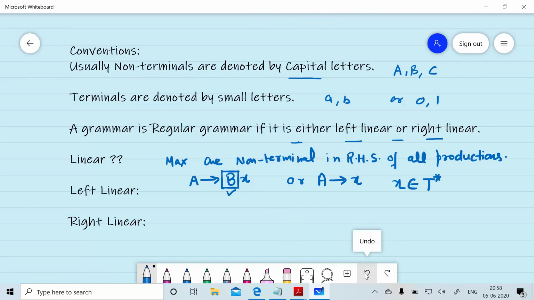Similarly, a grammar is known as right linear if the production rules are of the form A gives xB or A gives x, where x belongs to T star. Here the single non-terminal in the right hand side appears at the rightmost position.